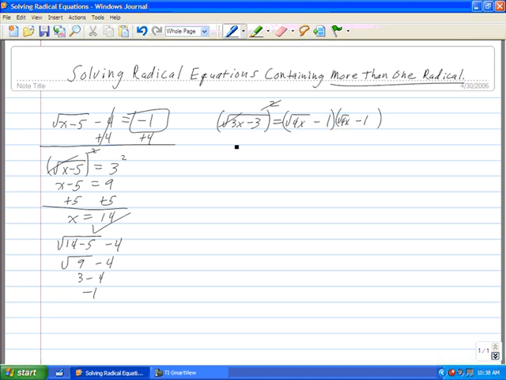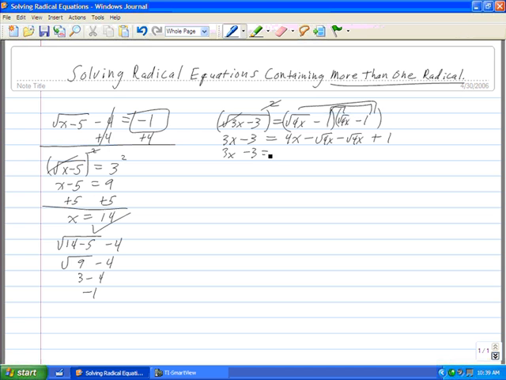Square root and square will cancel. 3x minus 3 will come out. And again, the multiplication here is going to be a first times first. Square root times square root will cancel, and you'll just get out a 4x. Outer product will be a minus square root of 4x. Inner product will be another minus square root of 4x. And last times last will come out as a positive 1.